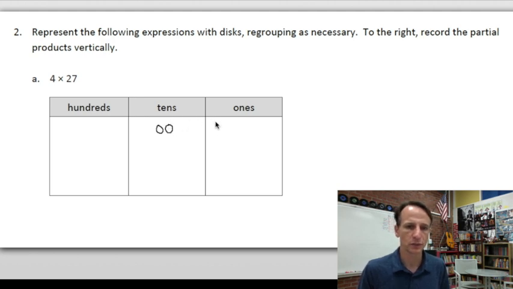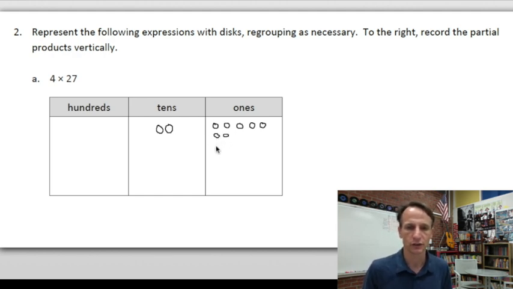And then with the ones, let me draw out 7. I like to do it this way. 1, 2, 3, 4, 5 in a row, and then reset for the 6, 7, okay? And now let me multiply these by 4.